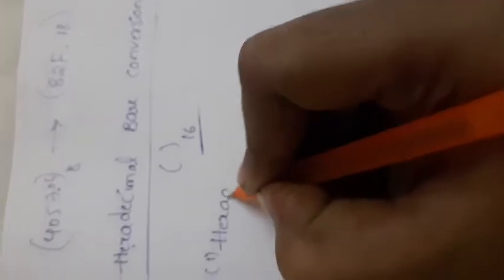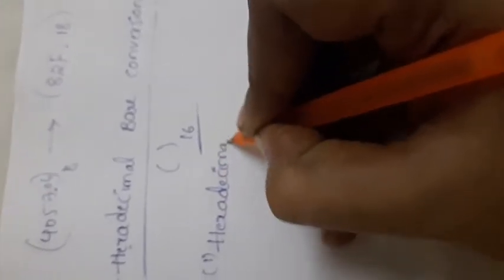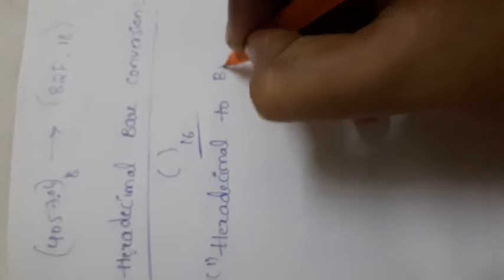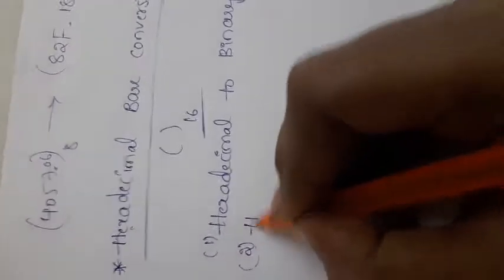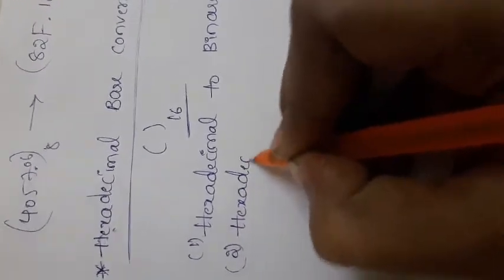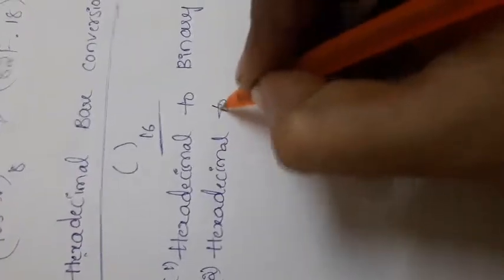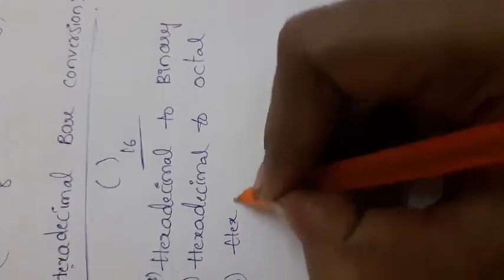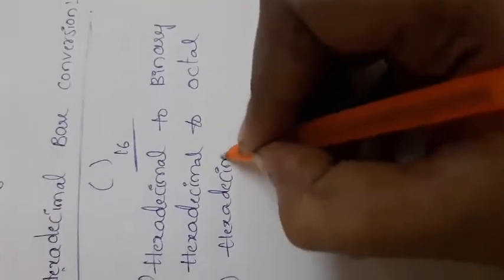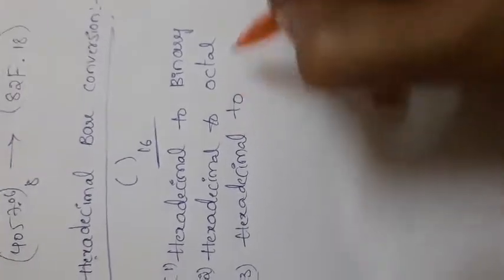Like in decimal, binary and octal, in hexadecimal also we have three types. The first one is hexadecimal converted to binary, the second is hexadecimal to octal, and the third is hexadecimal to decimal.